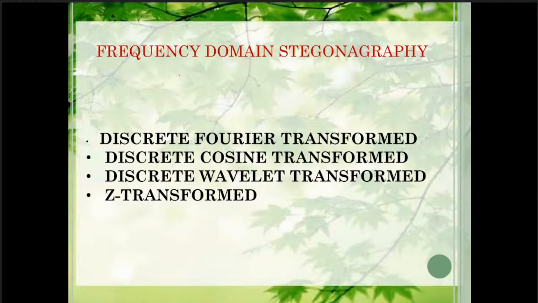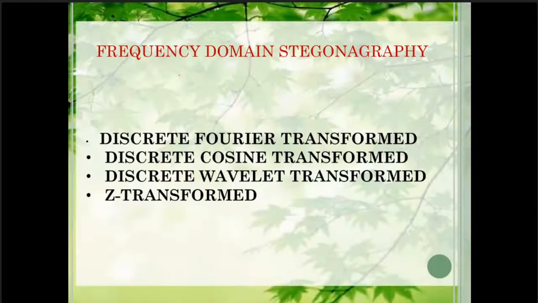So to impart more security, I am adding another layer here. The layer is that I am not embedding into the pixel domain or the spatial domain. That means I am not perturbing the pixel values directly.